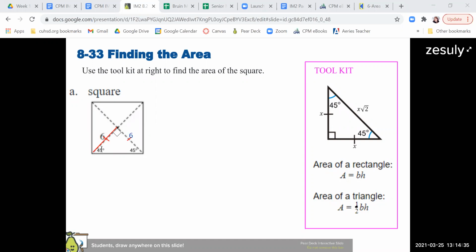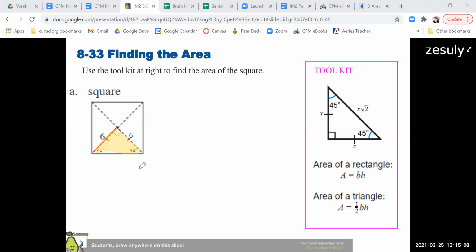Okay, so we have this right triangle in here with two sides that are 6. Now, what if we focus our attention on this triangle? What if instead of finding the length of the side of the square in order to use the rectangle formula, we found the area of one triangle and then multiplied by 4, because we have 4 of the same little triangle in here? So this is what we're going to do.